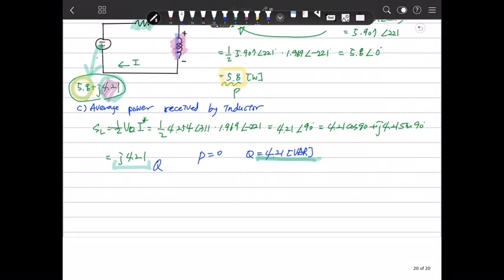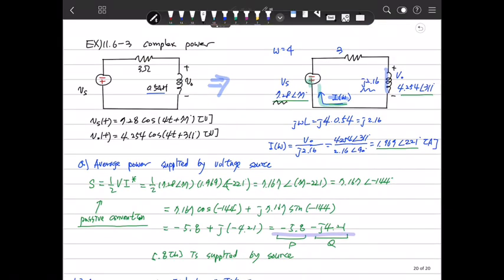The last is the power factor in this problem. We need to know V and we need to know this current. The voltage is given as 7.28 at 77 degrees, but the direction is such that this is positive and negative.